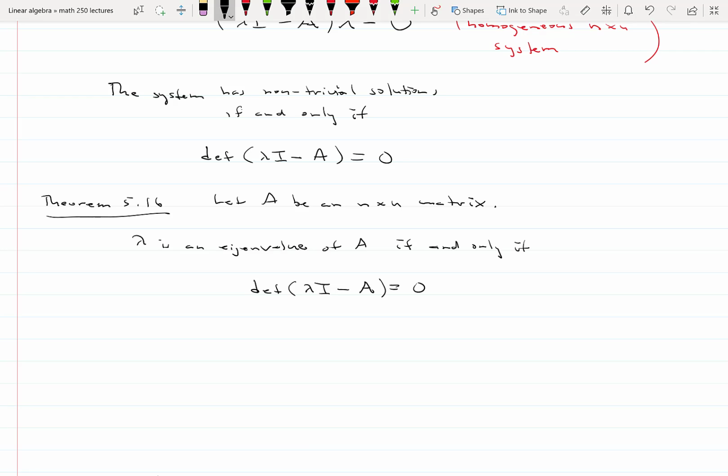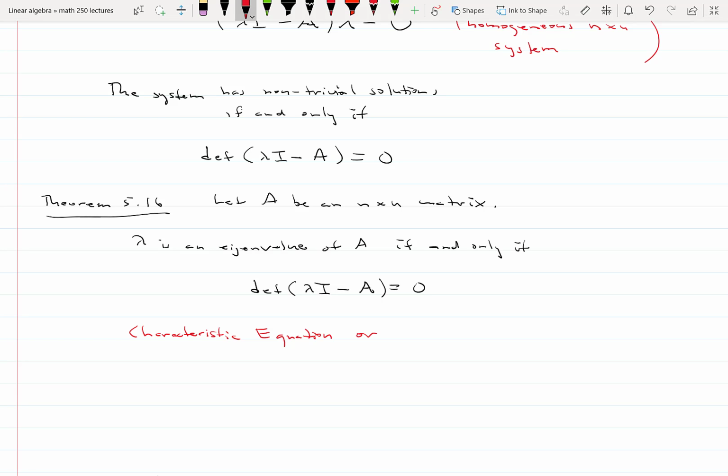This equation is called the characteristic equation. This is not the first time you've heard of a characteristic equation. In chapter 4, we had characteristic equations. Very similar concept. The characteristic equation, and this determinant turns out to be a polynomial. I should be careful here, I'm getting sloppy with the notation.